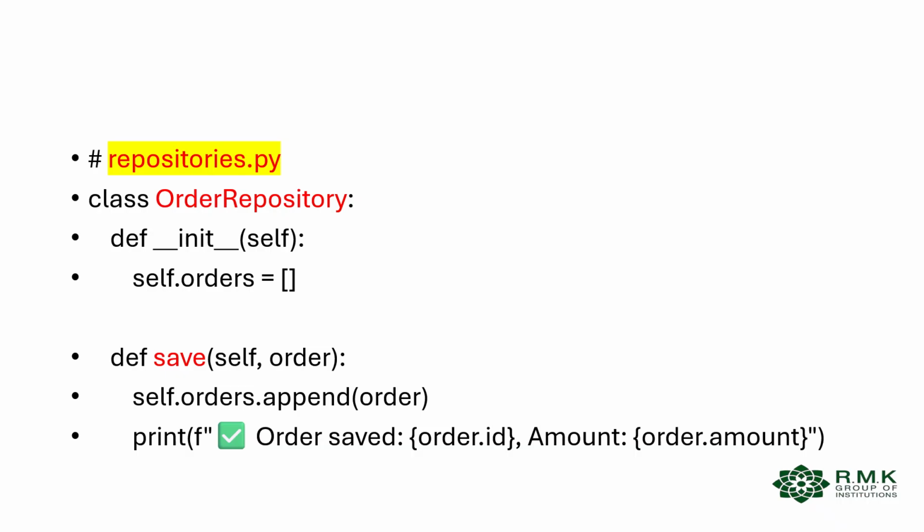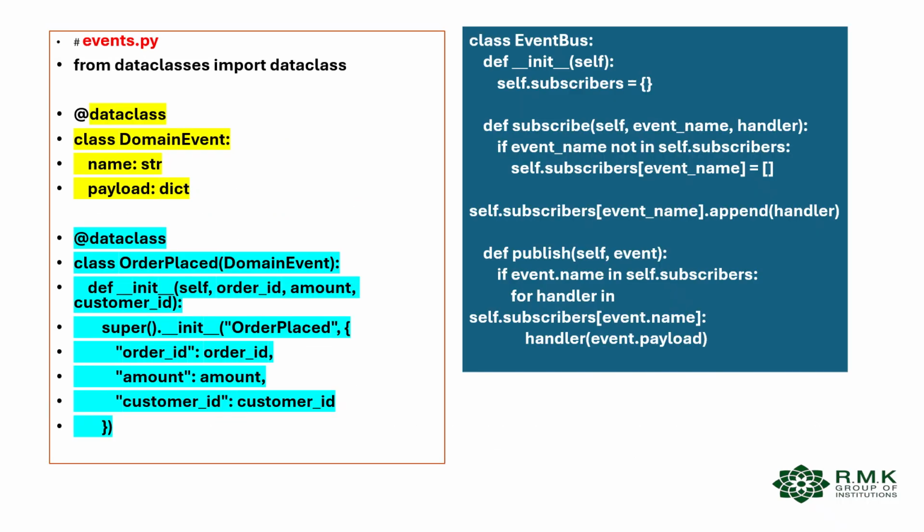One more method is save. The save method appends each order, so each order generates an ID and also the amount. Next, one more file in the module is events. I am using the dataclasses package, importing dataclass. Data classes maintain the class DomainEvent, with variables name and payload.